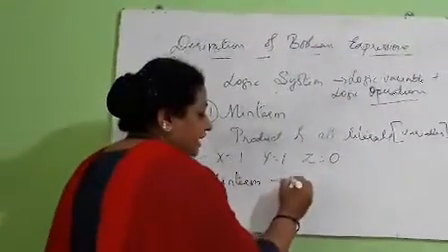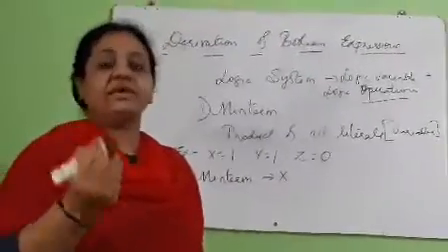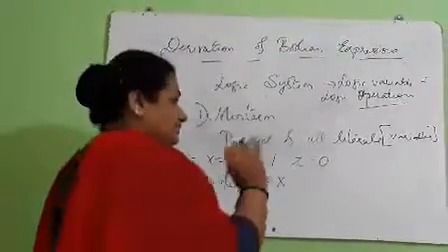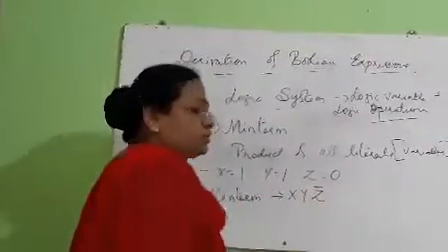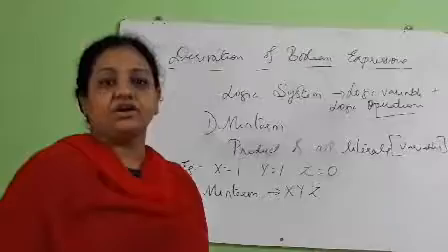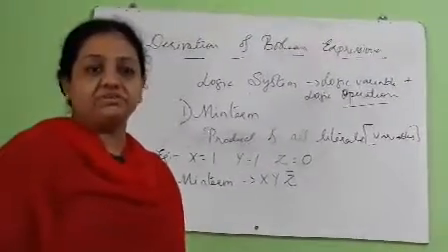So it will be x. If a variable represents 1, we write the variable as it is. So y. Here z is 0. 0 is represented using bar, the complement. Fine everybody? Hope you have understood this.